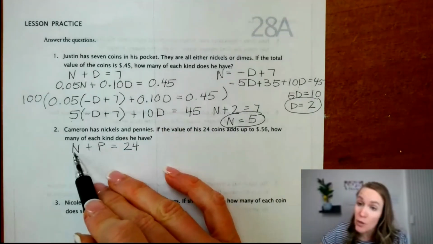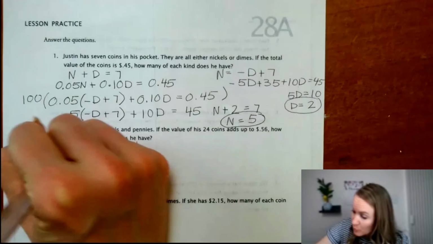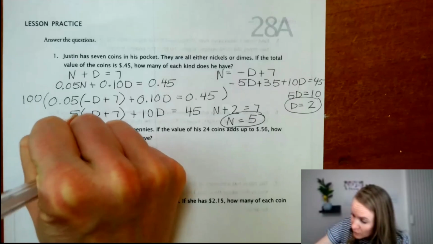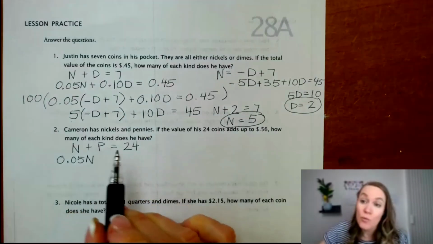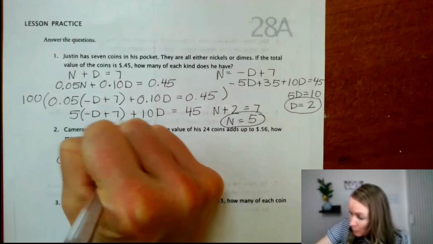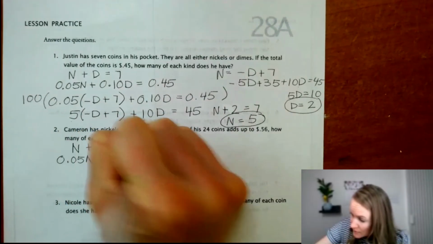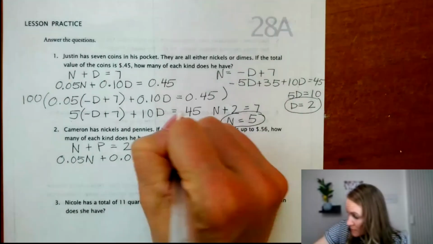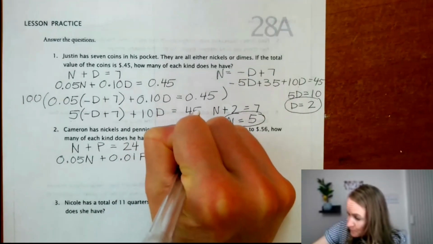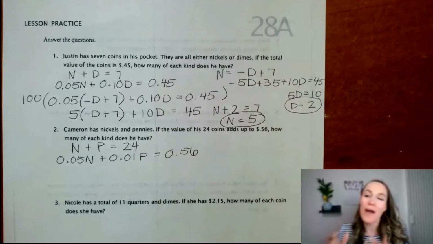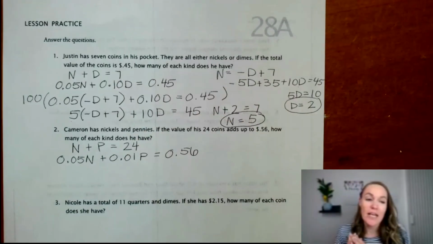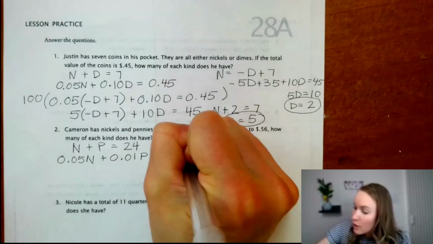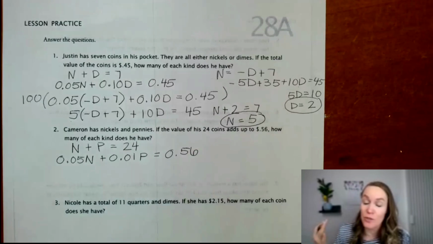So nickels are worth 5 cents, so 0.05 nickels. And then pennies are worth 1 cent, plus 0.01 pennies equals, the value would equal 0.56. And you know what? I'm going to go ahead and do that 100 trick, because we're going to get rid of all the decimals, and that way we're just dealing with whole numbers.